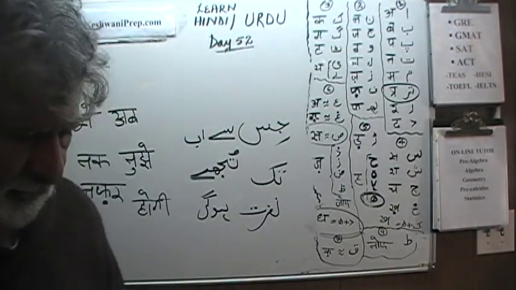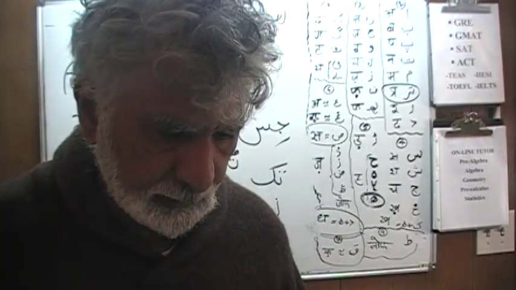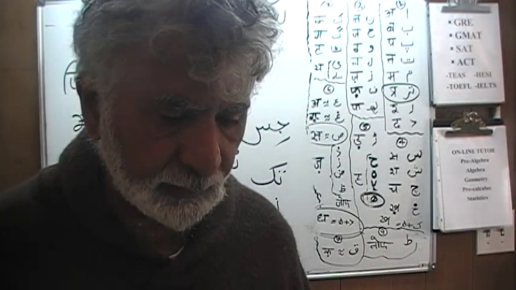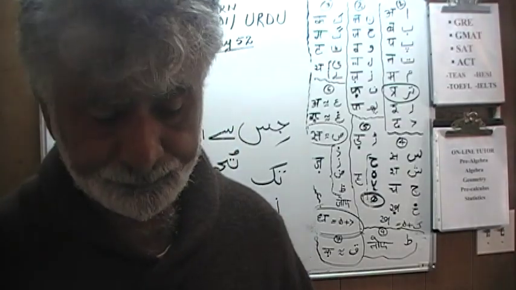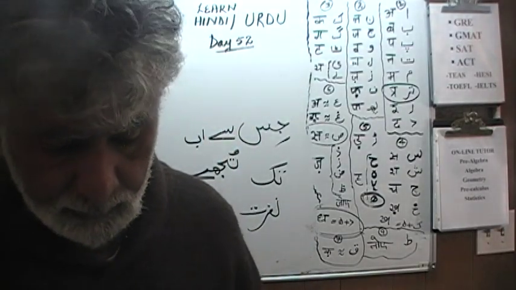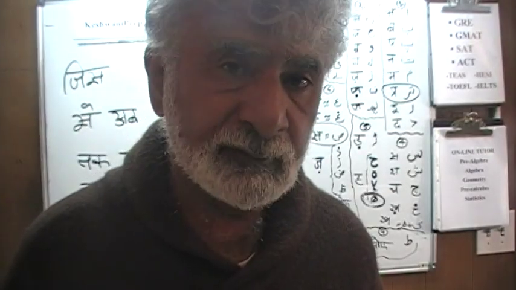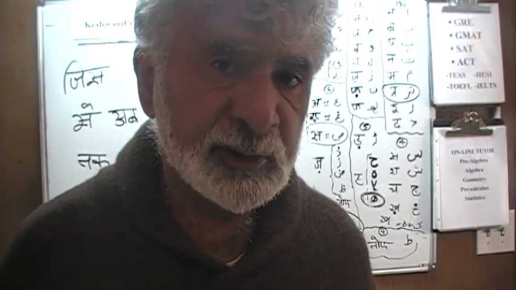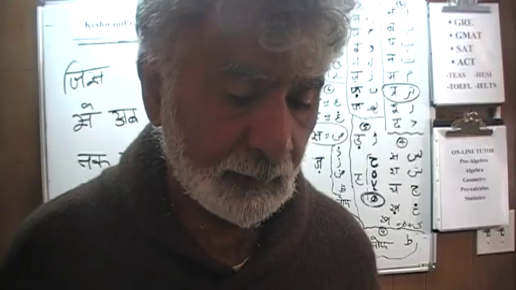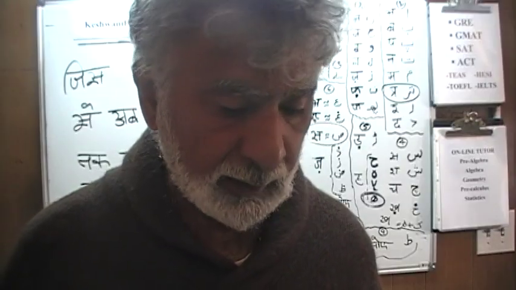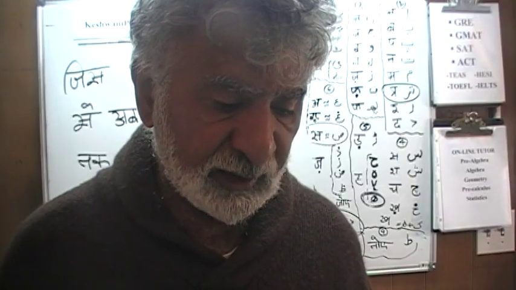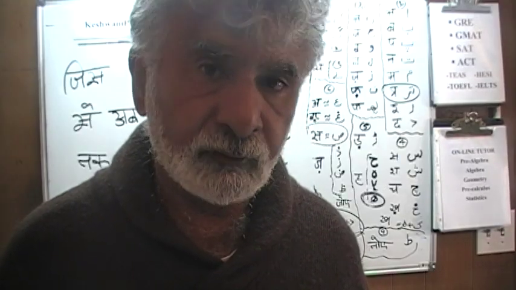What was the line before that? Let's read the previous two lines. तेरा नाम लिया जब तक भी जिया. For as long as I'm alive, I'll speak your name, I'll call out your name. जिससे अब तक तुझे नफरत होगी.